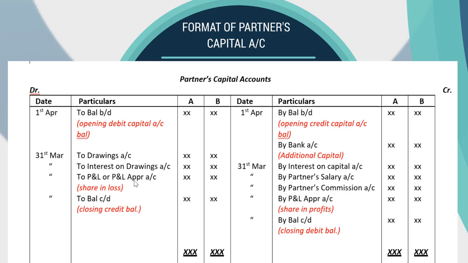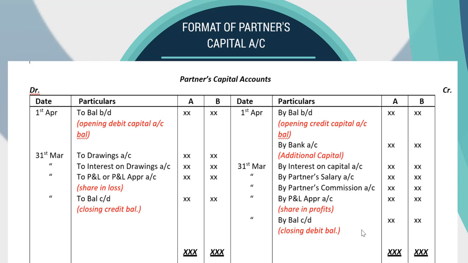The partner's capital account will end with to balance carried down, indicating a closing credit balance, or by balance carried down, indicating a closing debit balance.